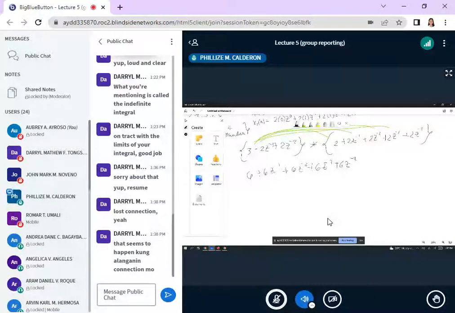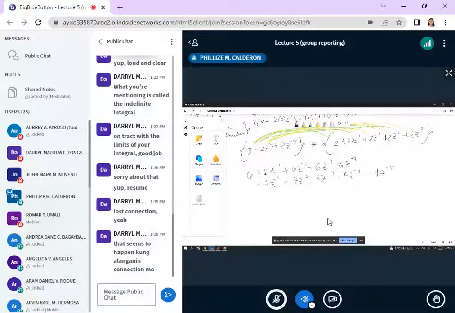Ngayon, susunod naman ulit. Ito naman. Medyo mahaba siya. Negative 2 times 2, so negative 4, z negative 1. Next is negative 4 ulit, z raised to negative 2, negative 4, z raised to negative 3, negative 4 ulit, z raised to negative 4, then negative 4, z raised to negative 5.